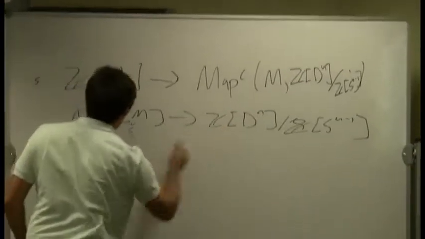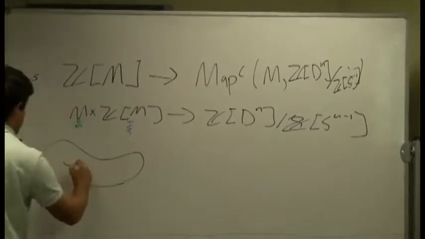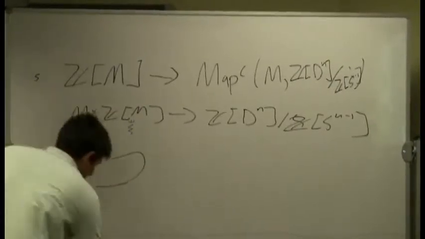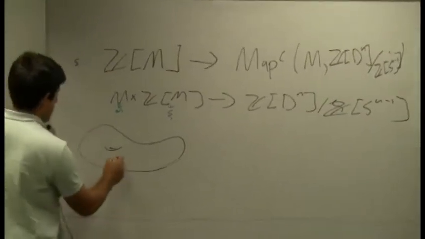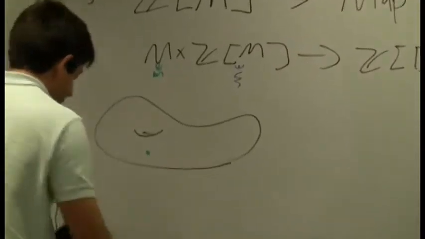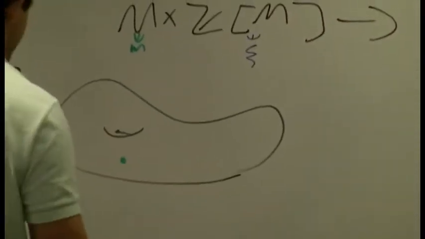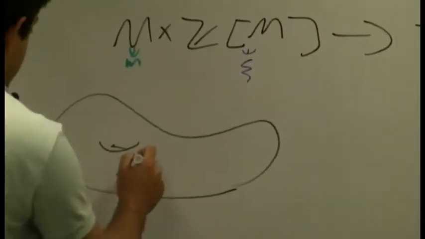How do we build a map like this? Well, we have this point m, and we have this configuration, one over here.